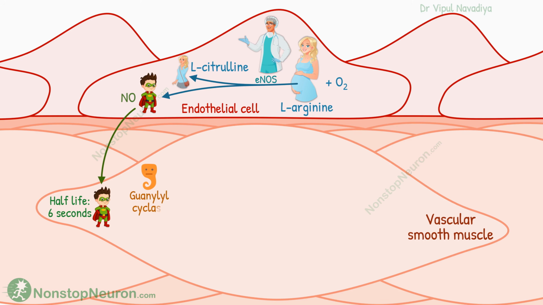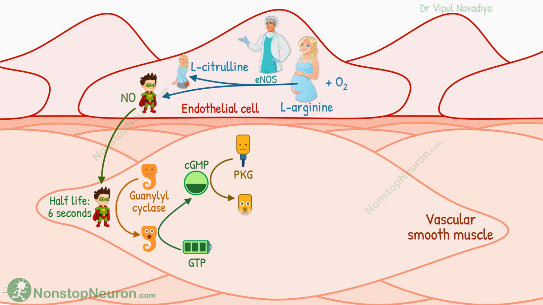In smooth muscle, we have soluble guanylyl cyclase. It's a receptor-cum-enzyme. Nitric oxide activates it. The active enzyme, as per its name, converts GTP into cyclic GMP. The cGMP activates cGMP-dependent protein kinase G, or PKG for short. PKG does several activities.